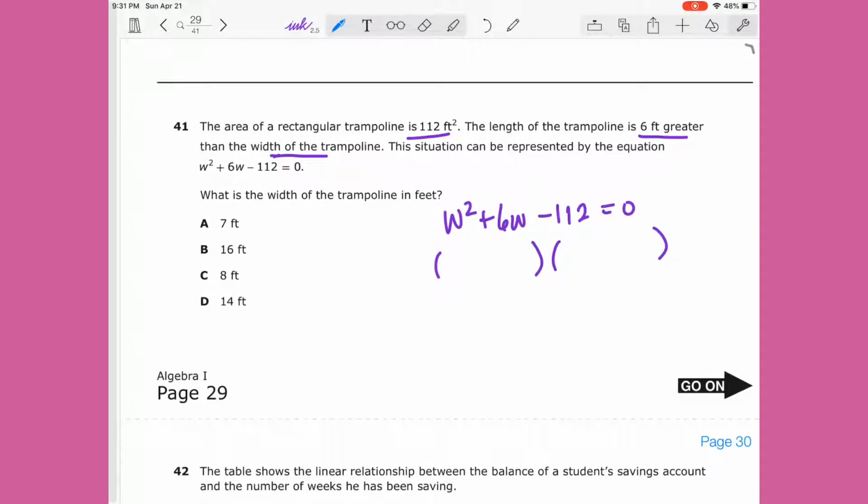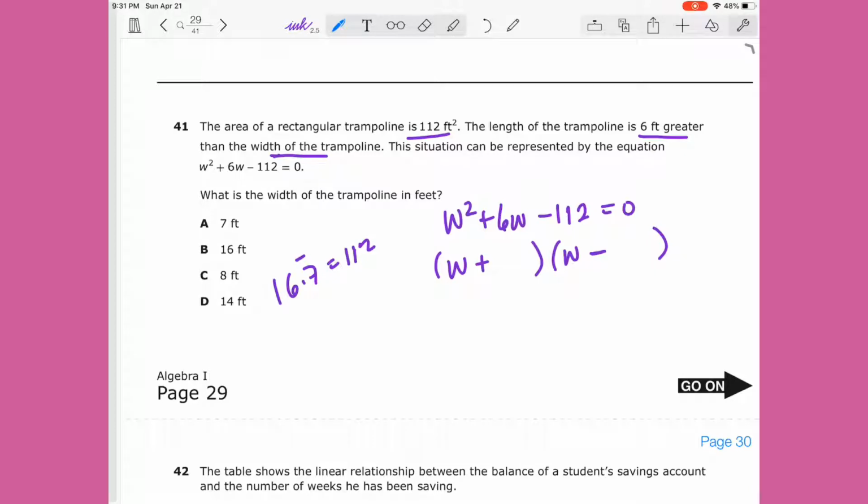All right, we have 16 times 7 will give me 112. And we know that we're going to have a positive and a negative, and our higher number needs to be positive. Let's see if that will add up to 6. So 16 minus 7 will give us 9. So 16 and 7 won't work.